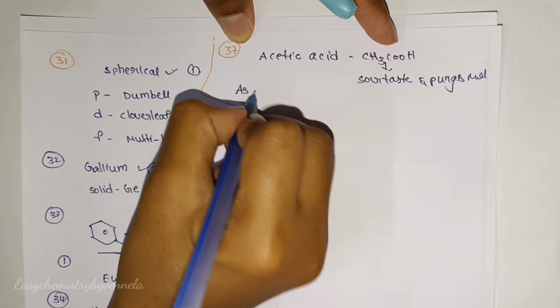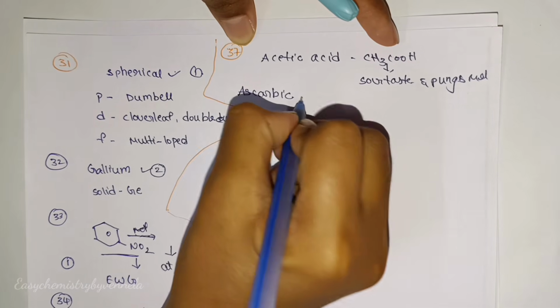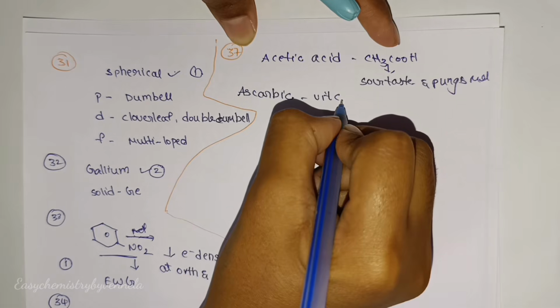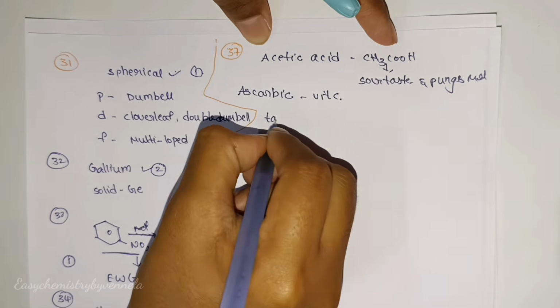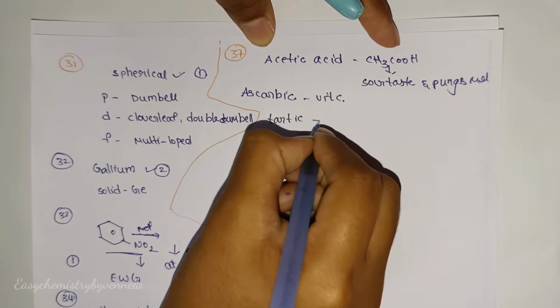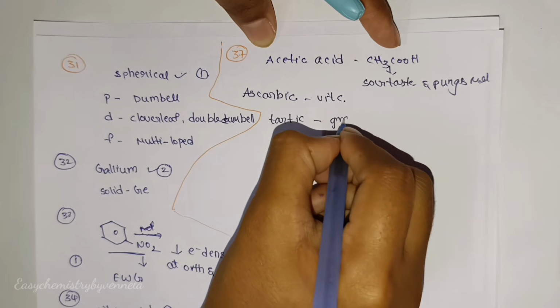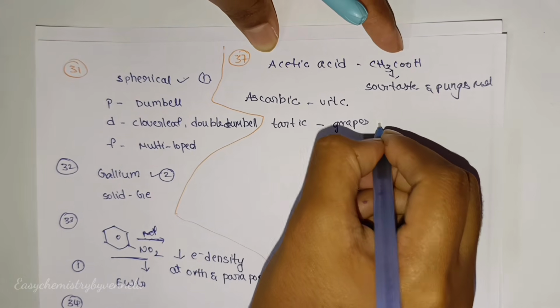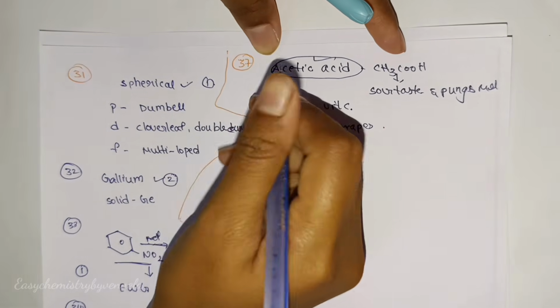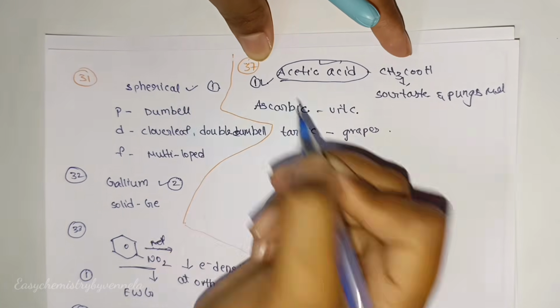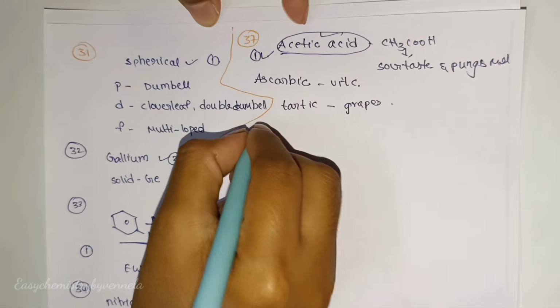Ascorbic acid is vitamin C. Citric acid is in citrus fruits, lemons and oranges. Tartaric acid is present in grapes and tamarind. So in this question, the main constituent of vinegar is acetic acid. So the first option is the correct one.